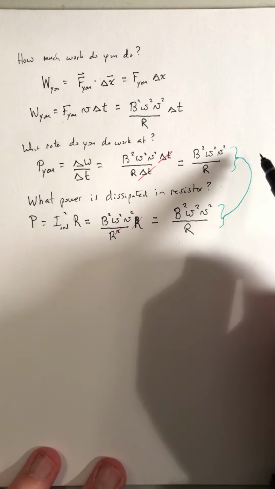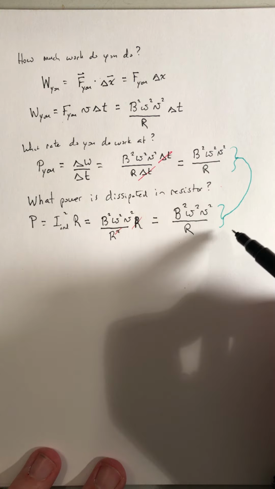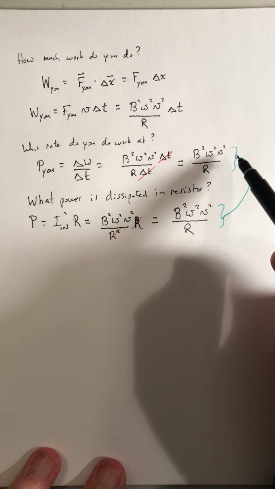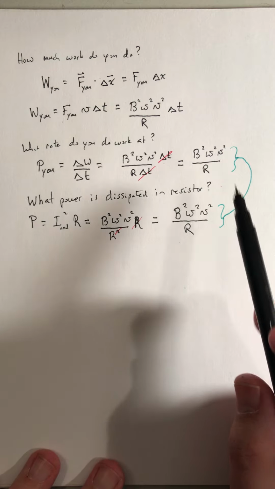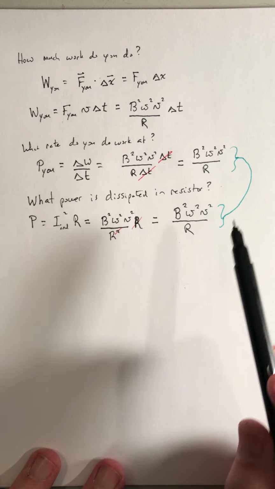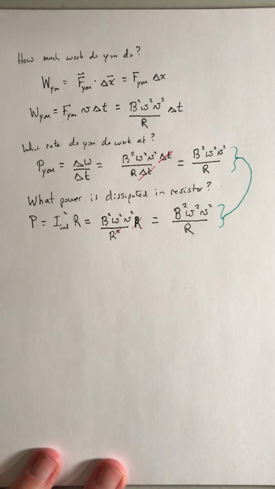And this is showing you how mechanical energy, by forces doing mechanical work, becomes electrical energy, also doing work, and transferring at precisely the same rate from one into the other.